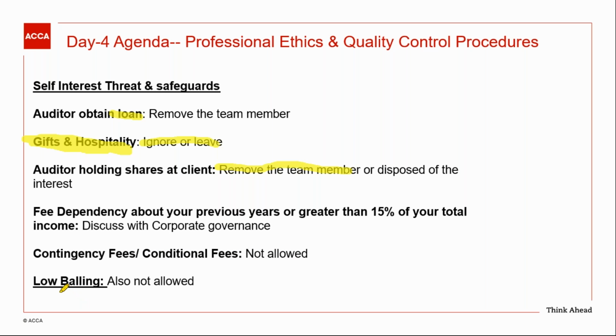Next is low balling. What is low balling? Low balling is also not allowed. It means that the audit firm offers its fees to the client at a very low cost, which is not according to the practice.